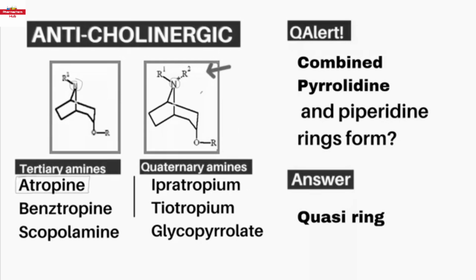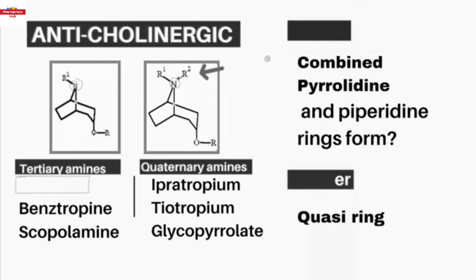Those medications have less effect on the CNS because they are quaternary amines and do not cross the blood-brain barrier, so they do not produce those CNS effects. So this is mainly how you use your analog structures to interpret some of their clinical effects and also some of the clinical side effects.